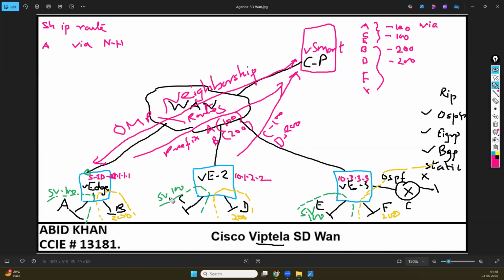So every device, every WAN edge, has a mandatory system ID. So what will happen when WAN edge 1 is advertising its prefix to vSmart? It is sending the prefix, it is sending the service VPN information, and now it will also send what? The next hop. It will send what? Via.